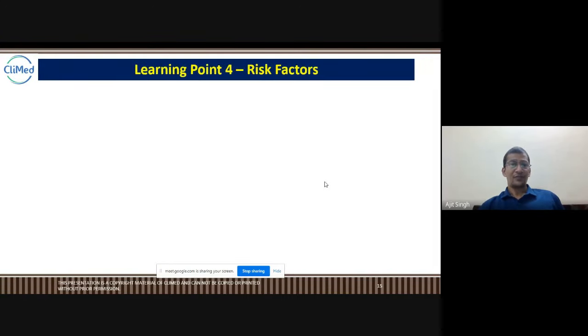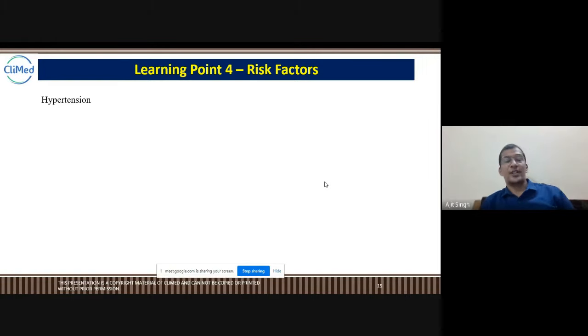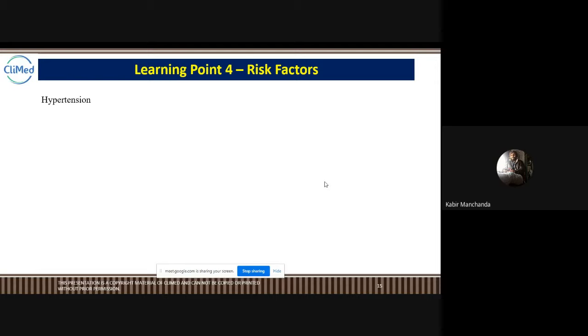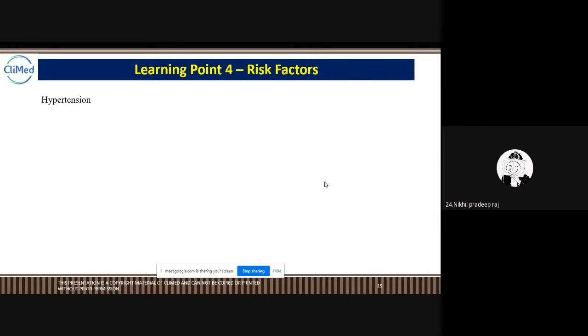Okay. Now learning point 4. What are the risk factors? So guys, can you please list out the risk factors of myocardial infarction or risk factors for CAD? Smoking, alcohol, hypertension, diabetes. Anemia as well. Sedentary lifestyle. Obesity.